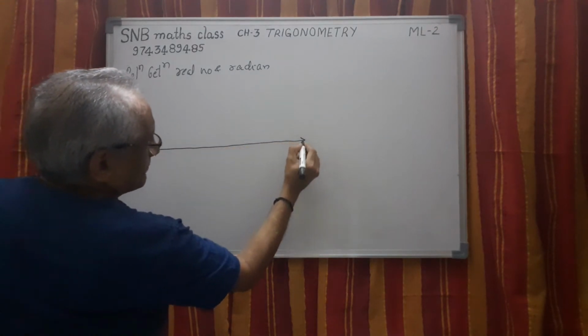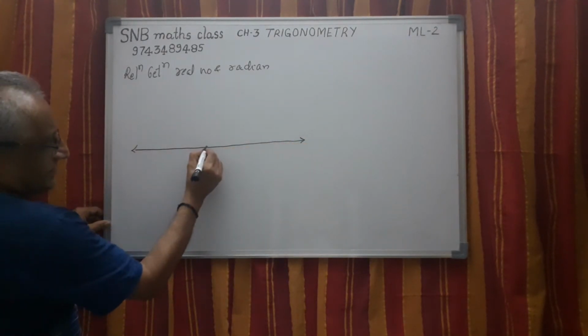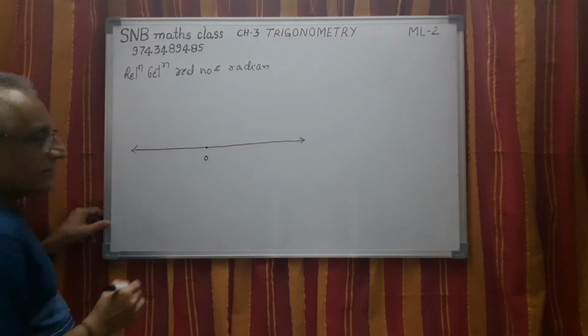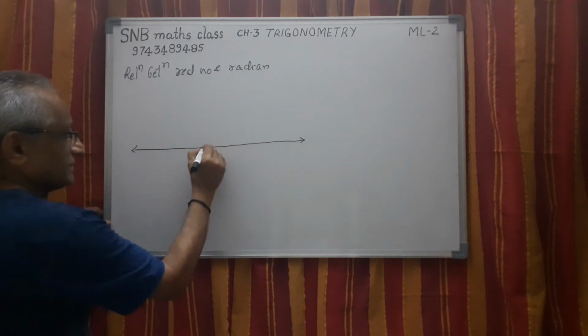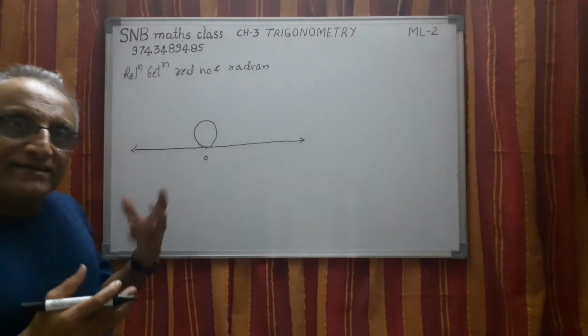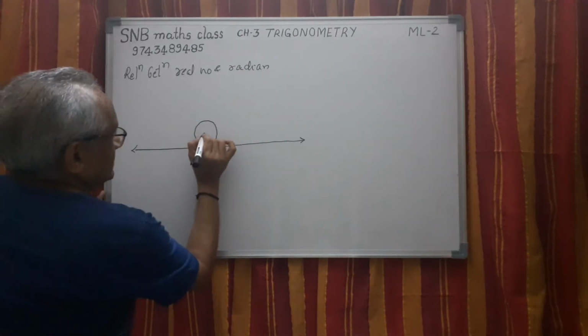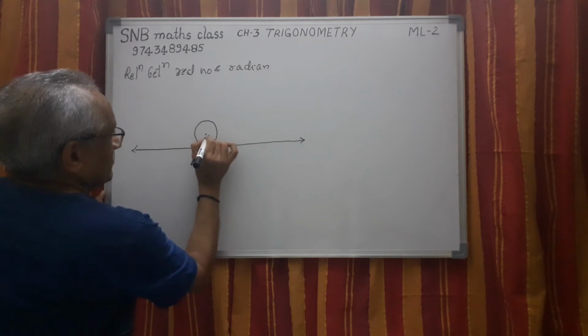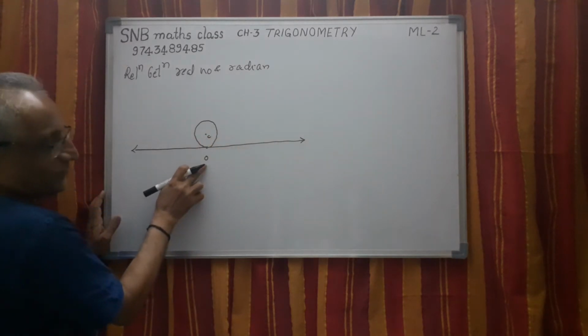Let us take a number line. Say this is 0. Take a circle, for example any circle, because radian does not depend on the circle. Say this is the center of the circle. Let me call it C because I used O here.